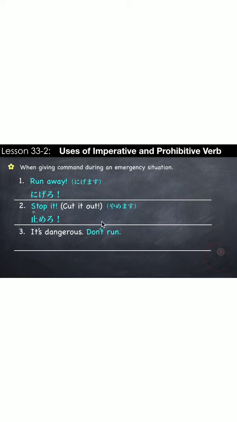Next is a prohibitive command, which is it's dangerous, don't run. Our verb is 走ります. So we say 危ないよ, it's dangerous, don't run. So we say 走るな.